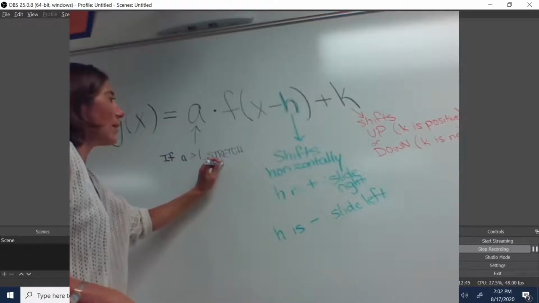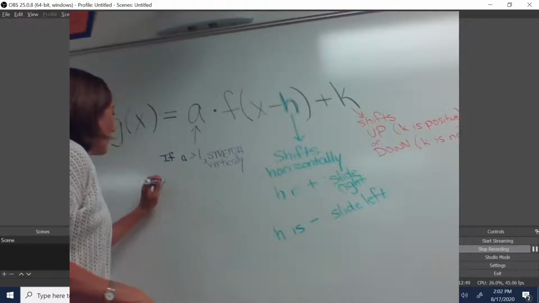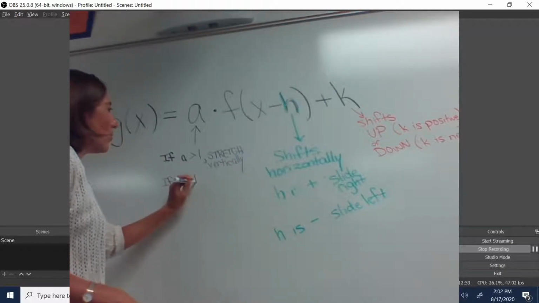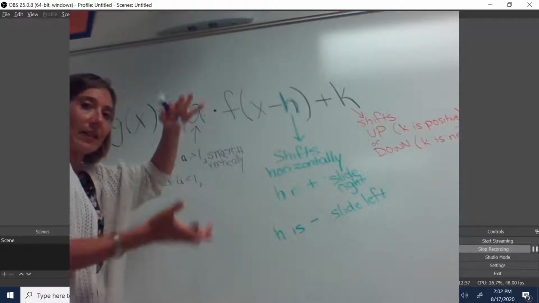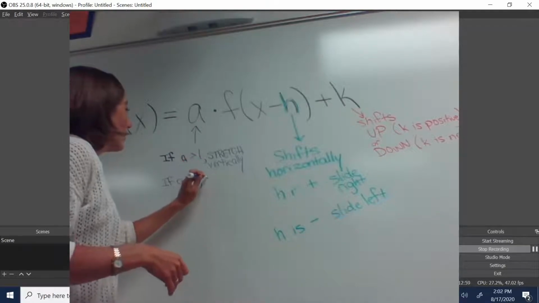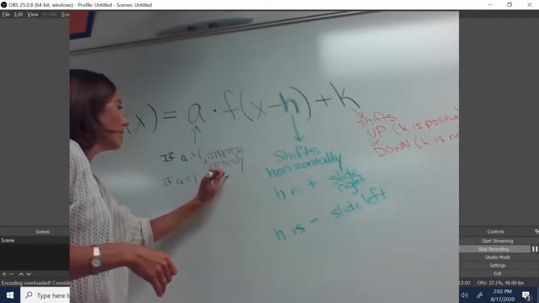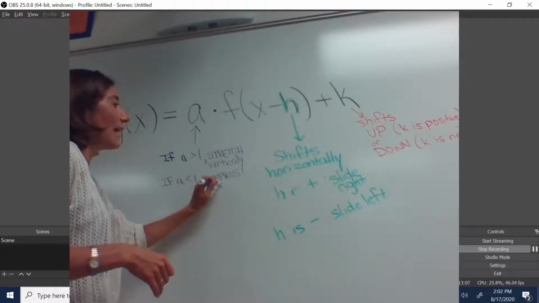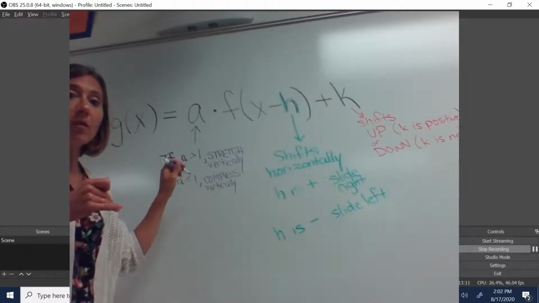Just like I did with my picture from the marathon. Make me tall and skinny. But if the A value is less than 1, it's going to compress it, smash it together. Flatten it out. We'll talk a lot more about this idea as time goes on.